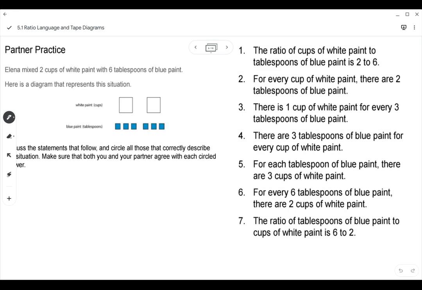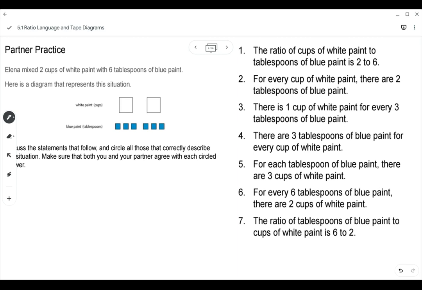So partner practice: we're going to discuss the statements and circle those that correctly describe the situation that we see here. Elena mixed 2 cups of white paint with 6 tablespoons of blue paint.